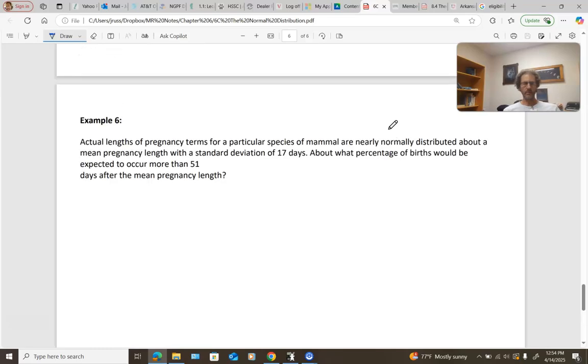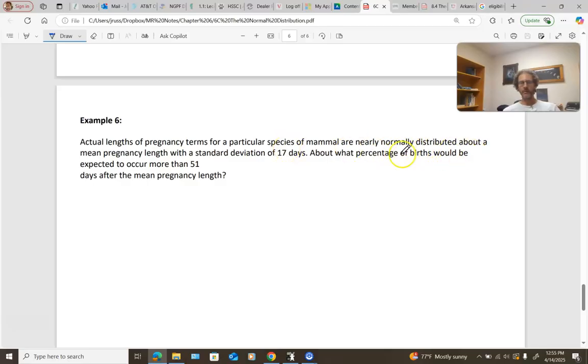I think we've got one more here. Example 6. This one's interesting too. I like this. It says actual lengths of pregnancy times for a particular species of mammal are nearly normally distributed, with a mean pregnancy length and a standard deviation of 17 days.